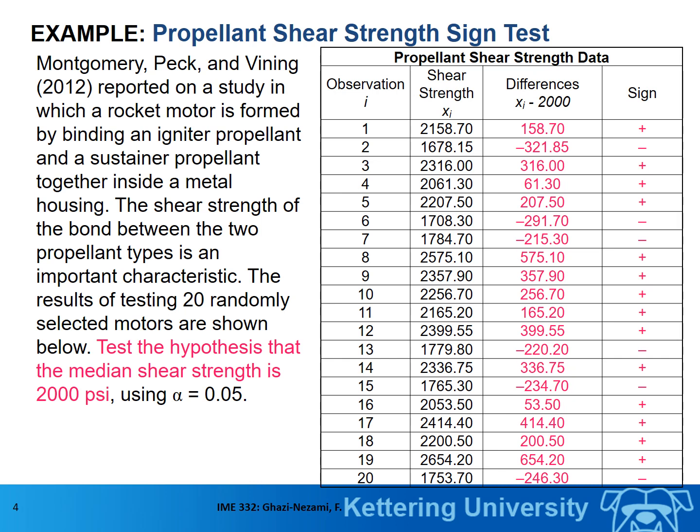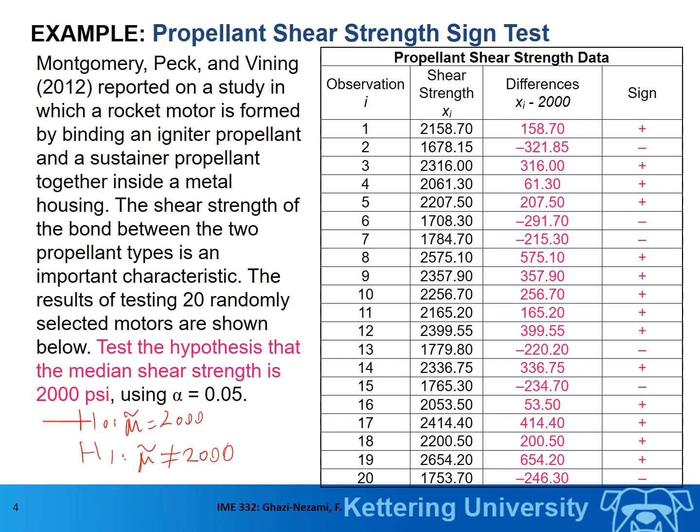We said that in this technique, all I care about is the differences between individual observations and the hypothesized value. So do you agree that the test that I'm running is H0: mu is equal to 2000, a two-sided test, versus H1: mu is not equal to 2000.